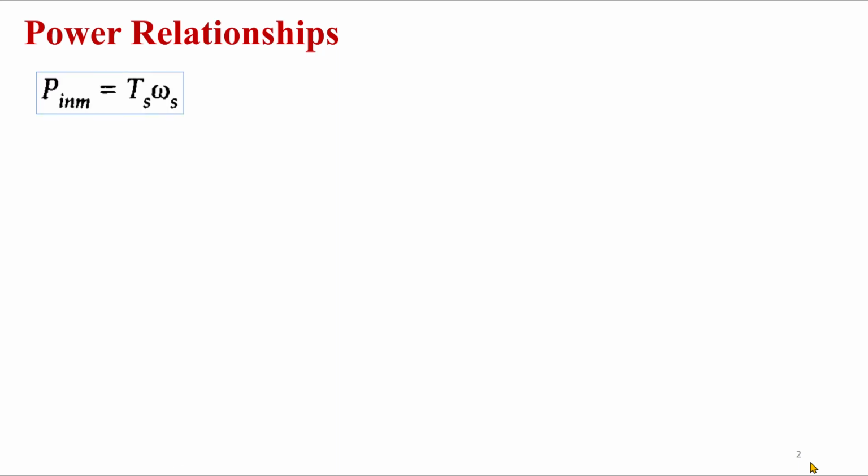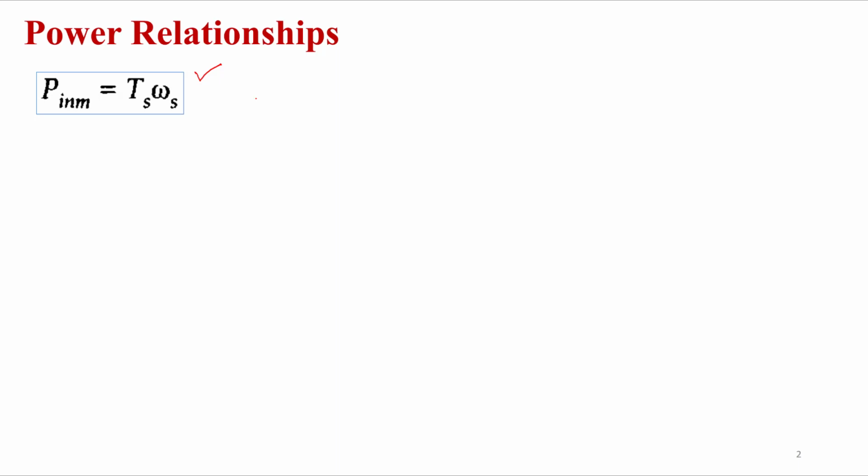So already we know that the input power we give to a generator is the mechanical input. So that we can write as Ts omega s. Ts is the shaft torque from the prime mover.